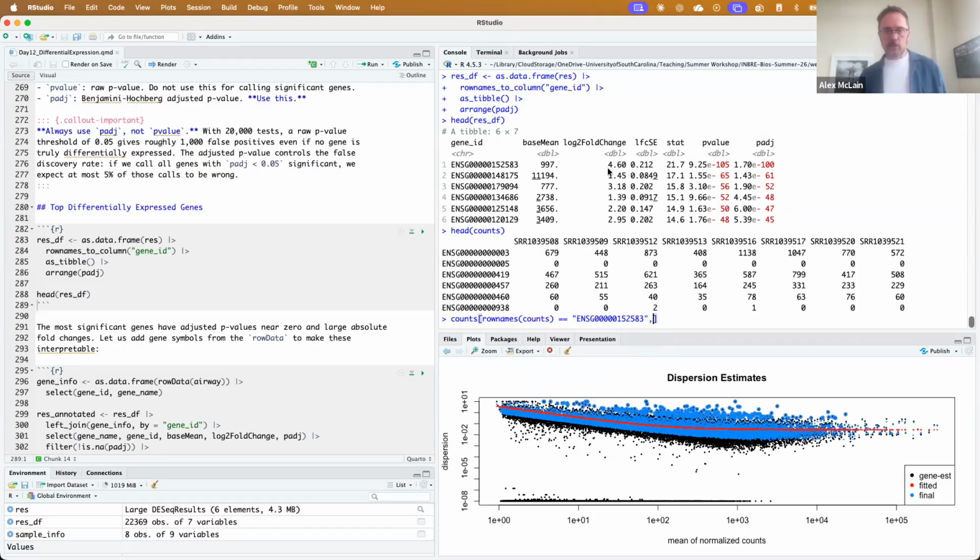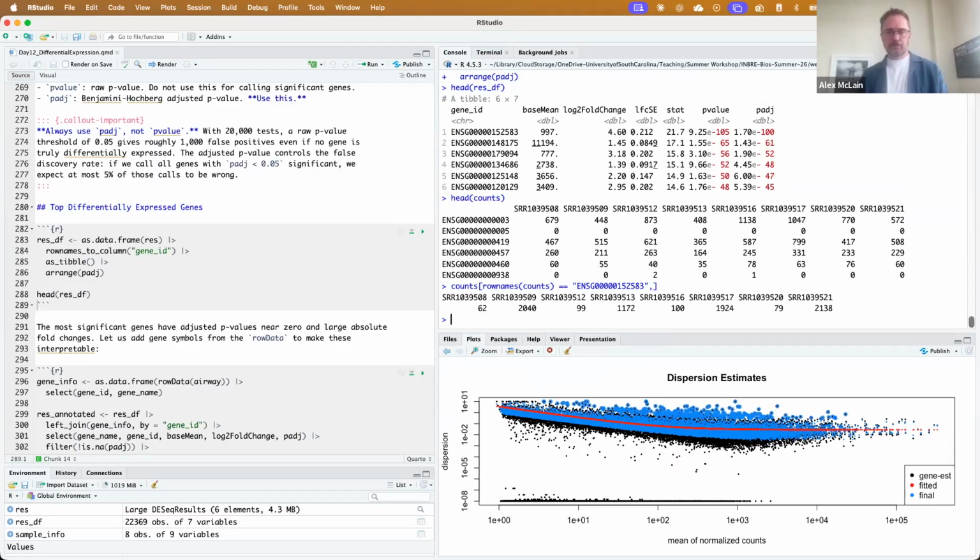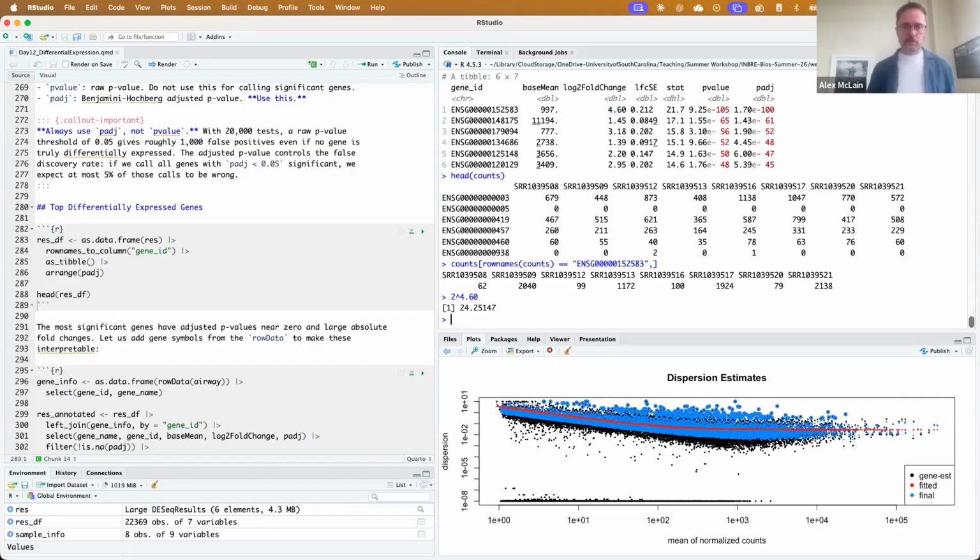The log2 fold change is 4.6, and we can see the data here. We can take 2 to that power, and that means the mean of the treated is 24 times larger than the mean of the untreated. So huge difference between these two.